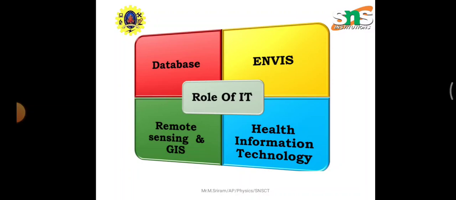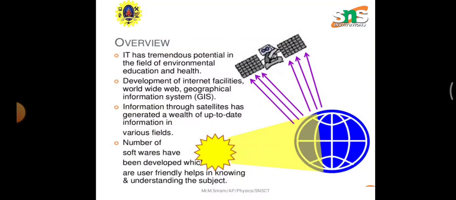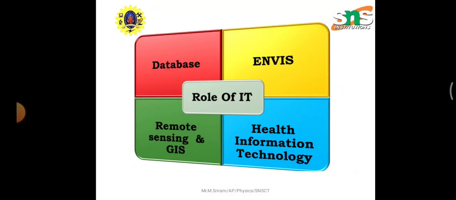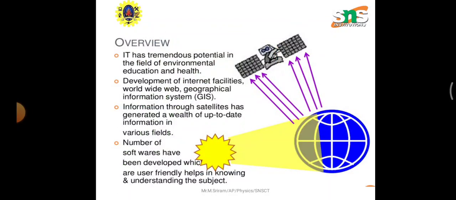GIS means geographical information system. GIS is a technique of superimposing various thematic maps using digital data on a large number of interrelated assets. Health information technology has tremendous potential in the field of environmental education and health.